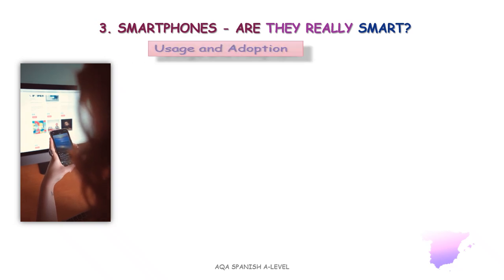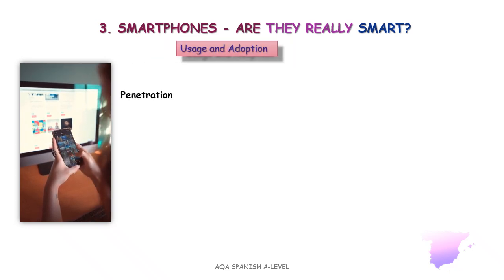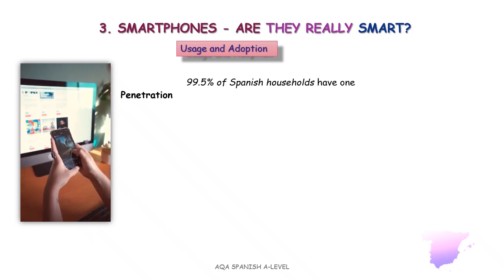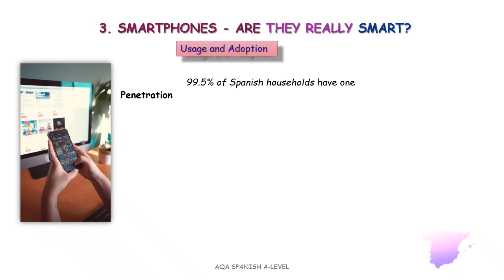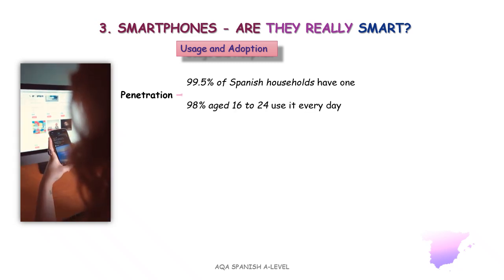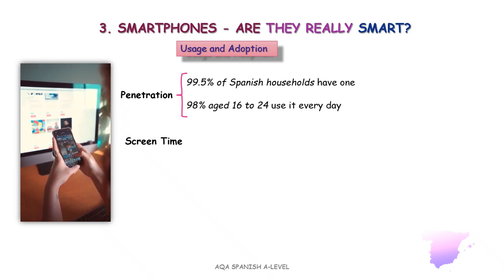And what about usage? Well, mobile phone use is almost universal. 99.5% of Spanish households have one, and 98% of young people aged 16 to 24 use their phone every day. Screen time.